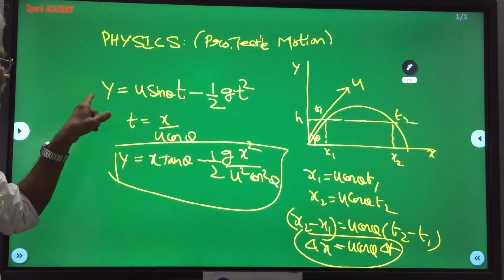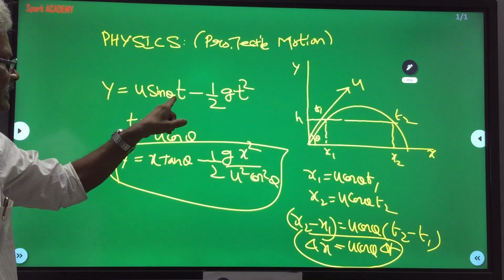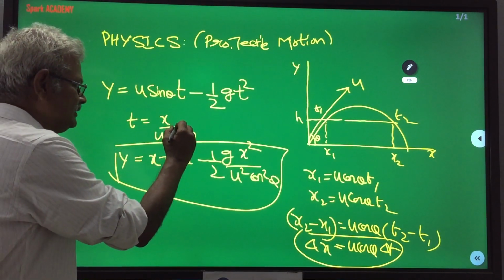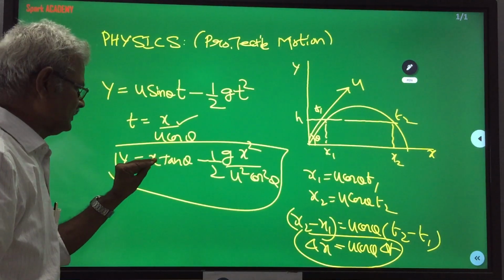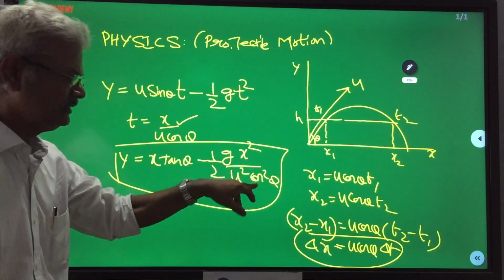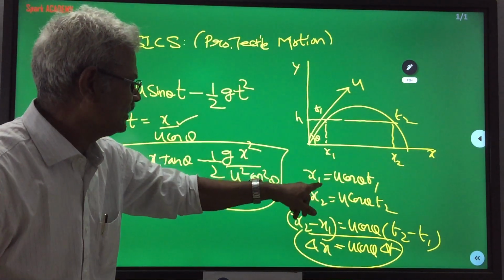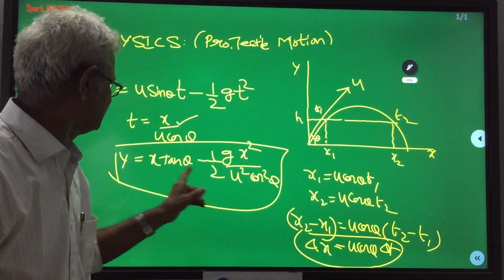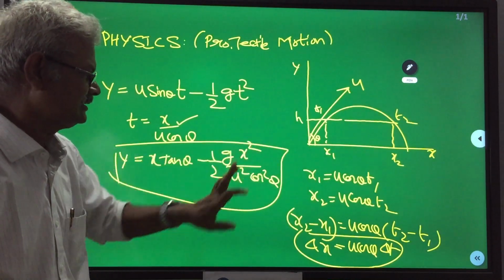Once again I am explaining. y is equal to u sin theta into t minus half g t square. t is equal to this. y is equal to x tan theta minus half g into this entire thing. So quadratic in x means two values of x for a single value of y.